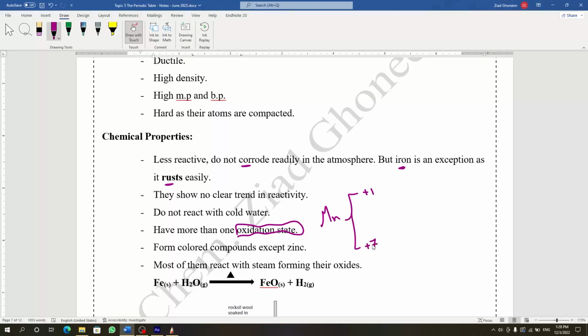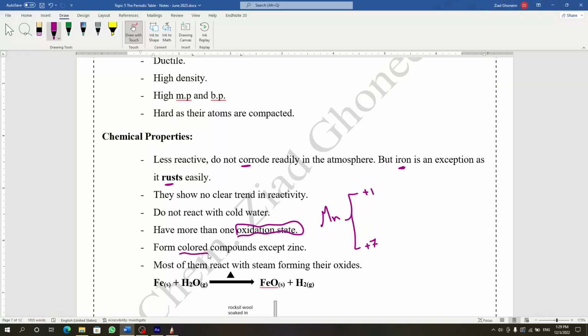It can participate in chemical reactions by losing 1, 2, 3, 4, all the way up to 7 electrons, unlike alkali metals, which were monovalent. Their valency was 1. They could participate in reactions by losing 1 electron only.